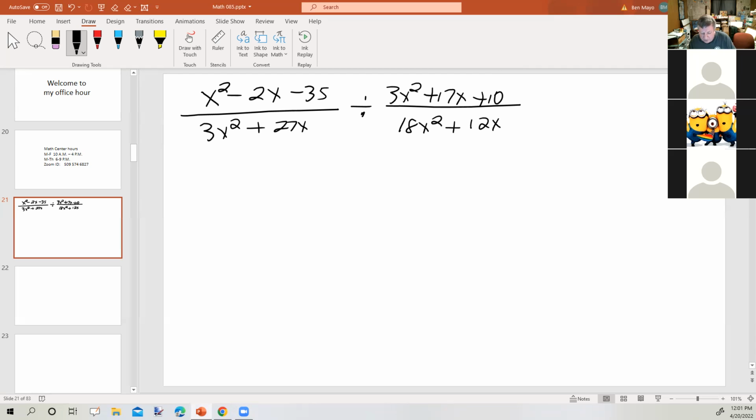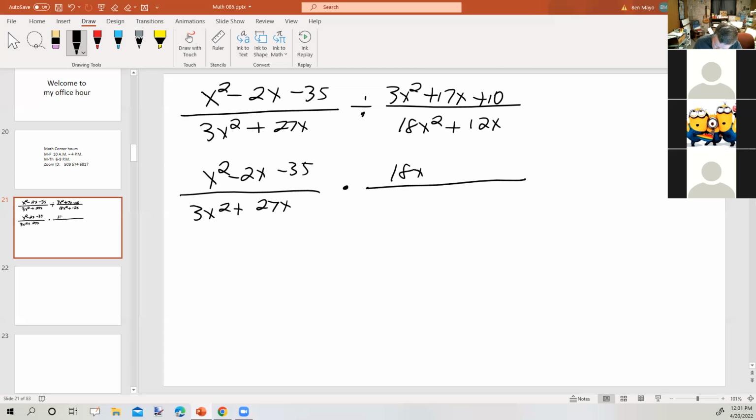Okay, so we're dividing two rational expressions, two algebraic fractions, if you will. The first thing we're going to do is change division to multiplication of the reciprocal. Okay? Any questions about that?